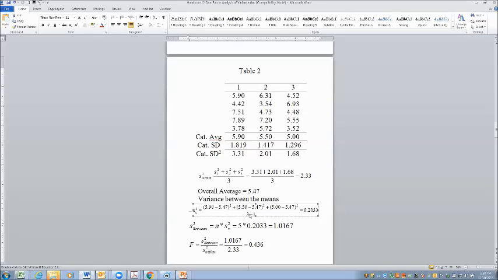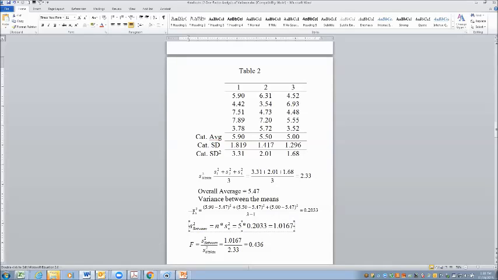So this gives me a variability between columns, but that's really only for one set of observations. So to get the overall between variability, I need to multiply by the number of observations that I have. So it's n times this s sub x bar squared.